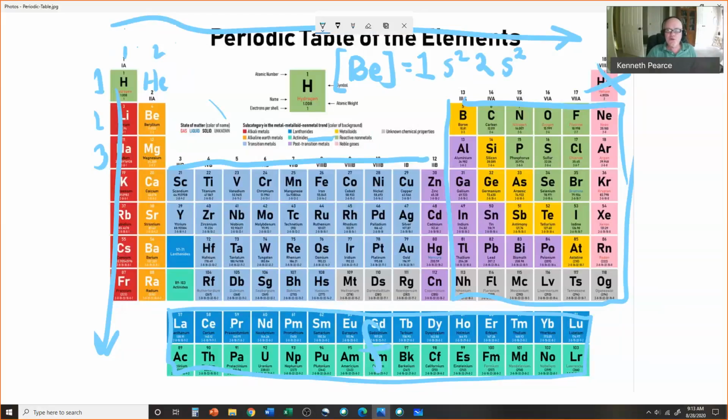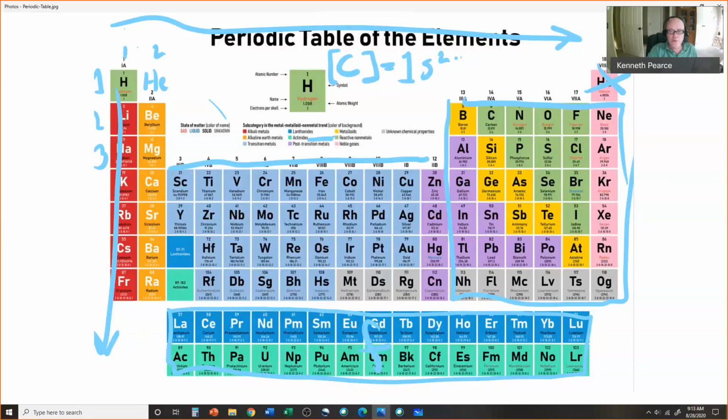All right, so let's jump across to, not going necessarily in order here, carbon. Carbon's over there, it's the 6th element, but we still have to start with hydrogen. We go left to right, top to bottom, and we look at the first row, and we have 1s2 because we filled up the S block.